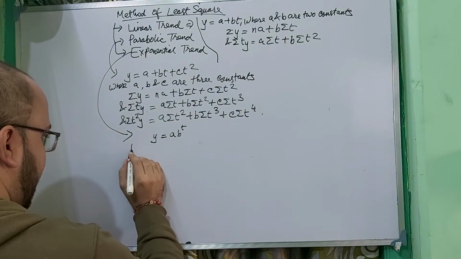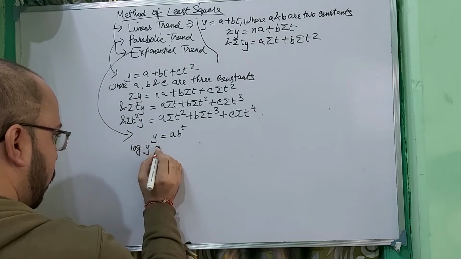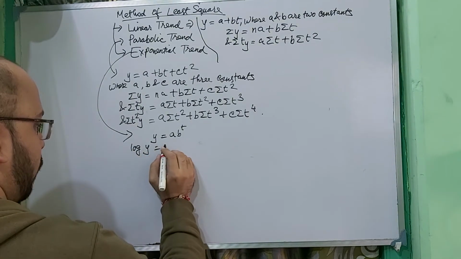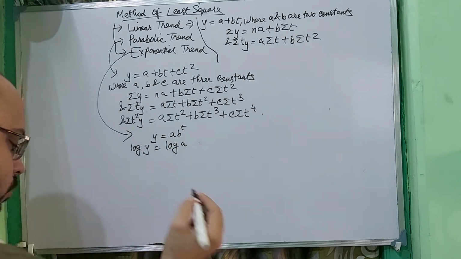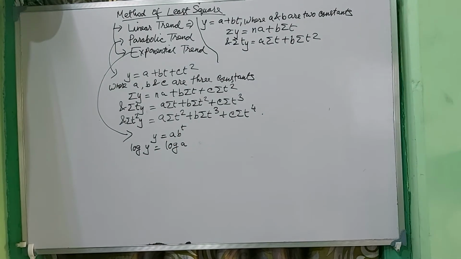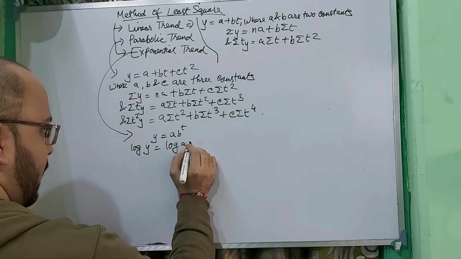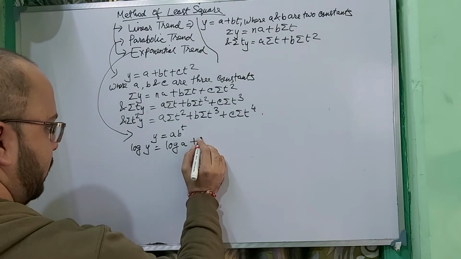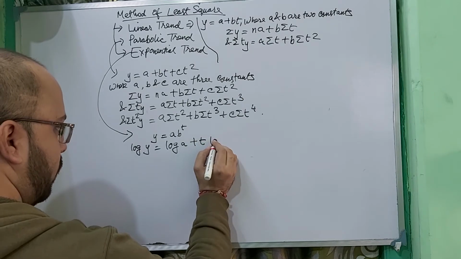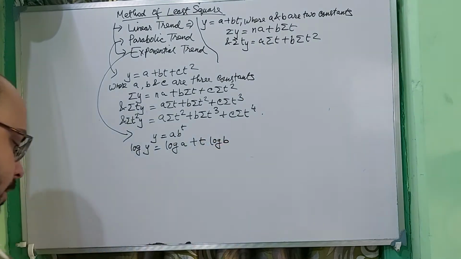If we take log on both sides, what do we get? Log y = log a + t log b. You know that multiplication becomes addition and division becomes subtraction in logs, as we have done with logs previously.